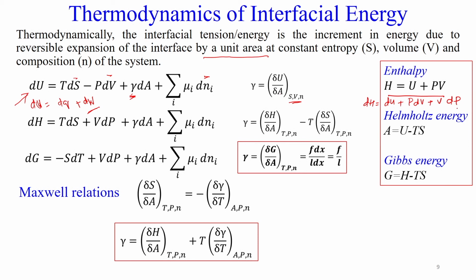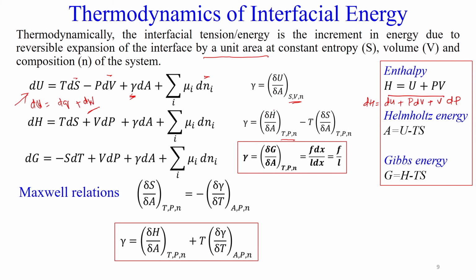Here, if I add these terms to dU, the P dV will be cancelled out, and we will get dH is T dS plus V dP plus gamma dA plus mu i dNi. Now, from here again, if you want to write the expression of surface tension at constant T, P, N, we are going to have two terms: dH upon dA minus T into dS upon dA.